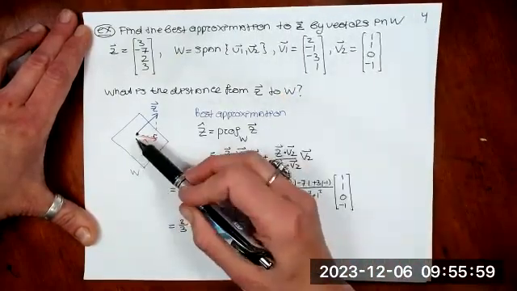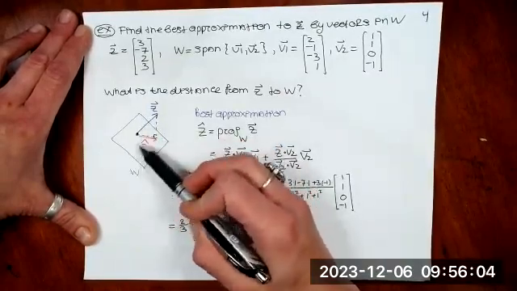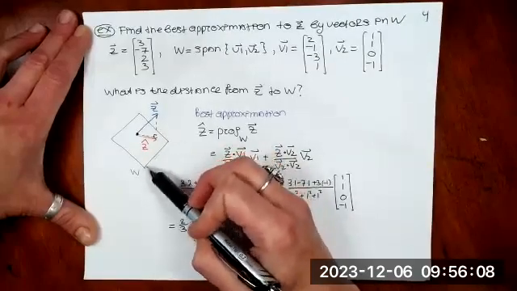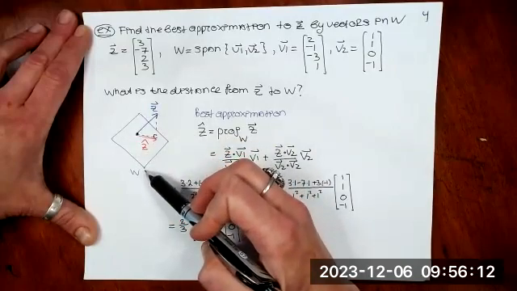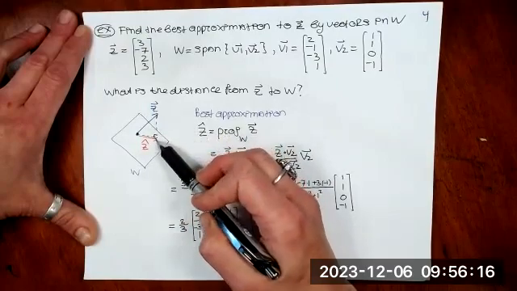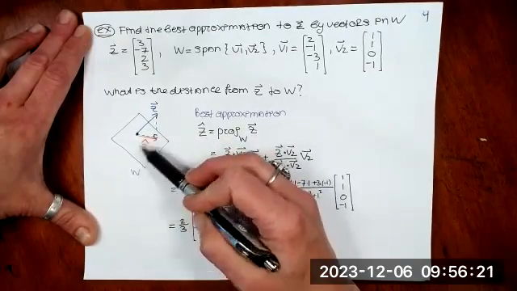Maybe I have this vector, but I'm only allowed to work with vectors in W. So I want to figure out how to best approximate this vector z if I'm only working in W. My best approximation would be the projection of z onto the subspace W, which is my z hat.